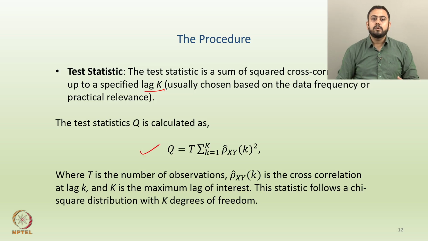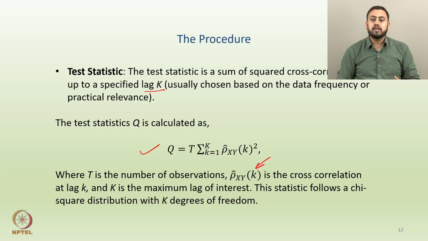And how does one find out the test statistic q? The test statistic q is T times the summation of rho hat k squared, where capital T is the number of observations, rho hat xy k is the cross correlation at lag k between x and y, and capital K is the maximum lag of interest. So, small k goes from 1 to capital K. Ideally speaking, the test statistic value q is not that difficult.